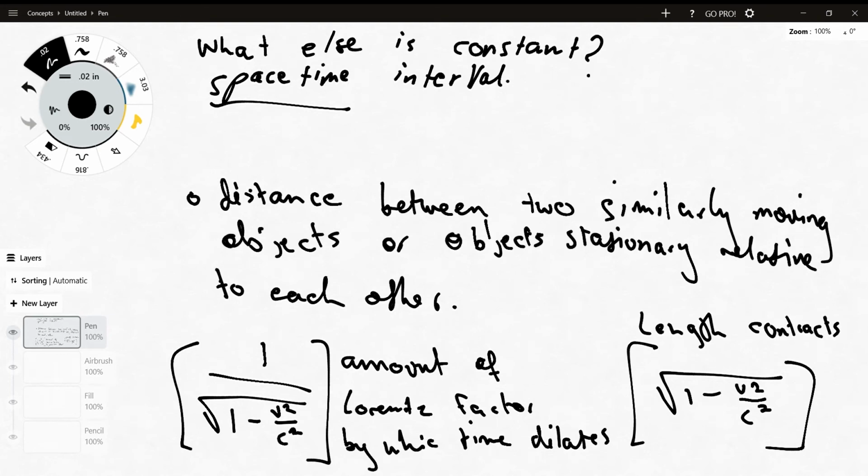That's the amount of the Lorentz factor by which length contracts. So you can see there's a relationship, they're inverses of each other.